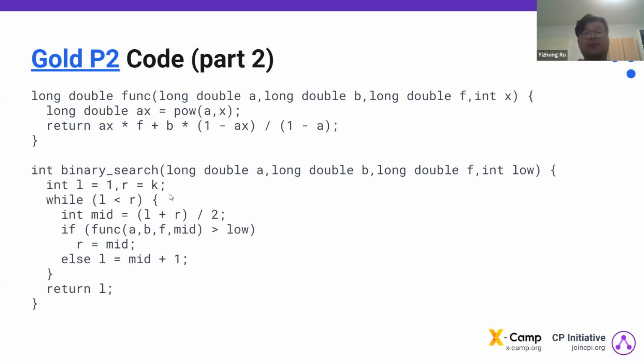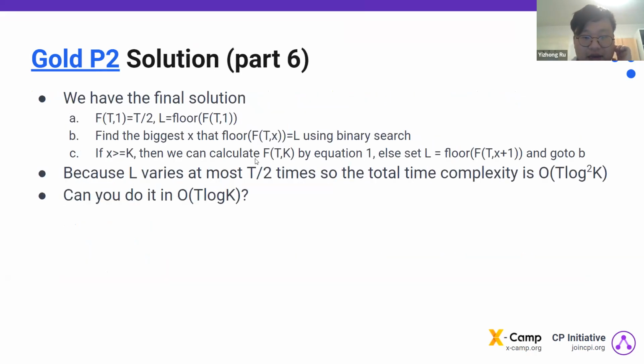If you know binary search, then you can write this code. We binary search in 1 to k, and if the function value is bigger than low, that means it does not satisfy this condition because it's bigger than low.